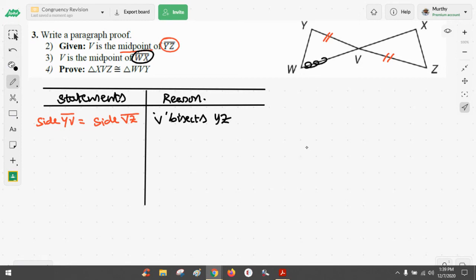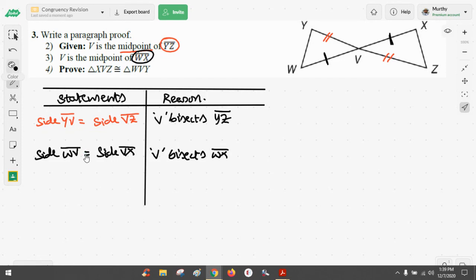So you see that this is the WX and midpoint means that it divides into two equal halves. So I see that WV equals VX. So side WV equals side VX. How do you know? Means point V bisects WX.